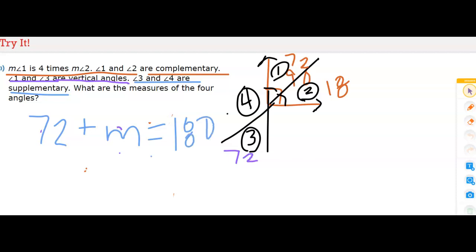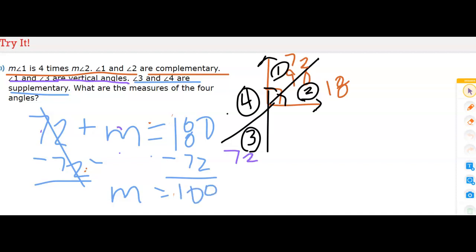Let's solve for M. We're going to subtract 72 from both sides. That cancels, we've got M. And then 180 minus 72 is 108. So angle 4 is 108.